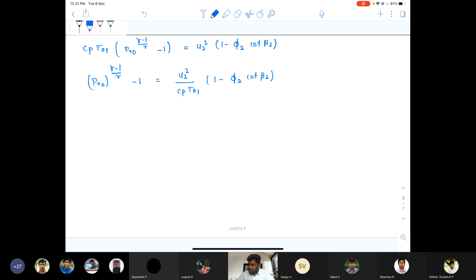We have taken Cp times T01 to the other side, so you will be getting U2 square divided by Cp T01.